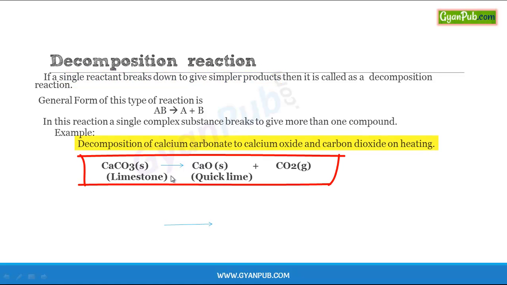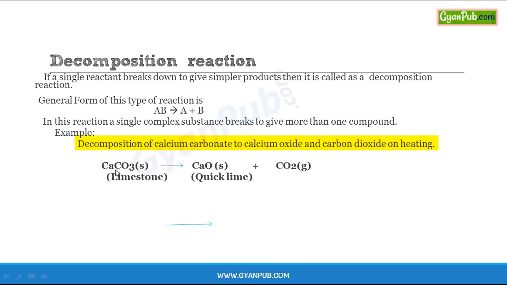For example, decomposition of calcium carbonate, that is, on heating calcium carbonate we get calcium oxide and carbon dioxide. Calcium carbonate's chemical formula is CaCO3, calcium oxide is CaO and carbon dioxide is CO2. The single calcium carbonate compound breaks down to give calcium oxide, that is quicklime, and carbon dioxide, two different products.